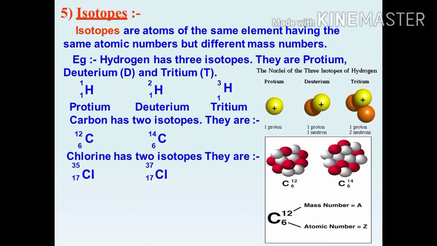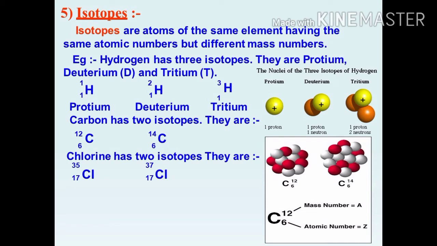The next one is isotopes. Isotopes are atoms of the same element having the same atomic number but different mass number. See here, hydrogen, the same element. Three types of hydrogen are there.